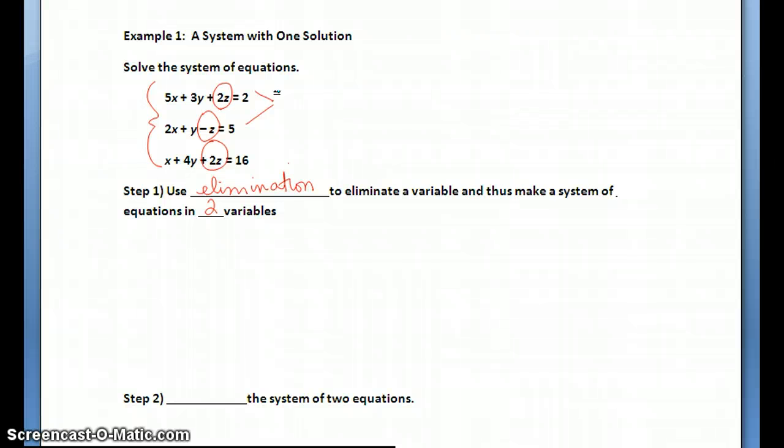And right now what I have is 2z in one of my equations and negative z in the other equation. So that second equation, I'm going to multiply by 2. And everything has to multiply by 2. So my first equation I'm going to leave alone. My second equation, I'm going to multiply everything by 2.